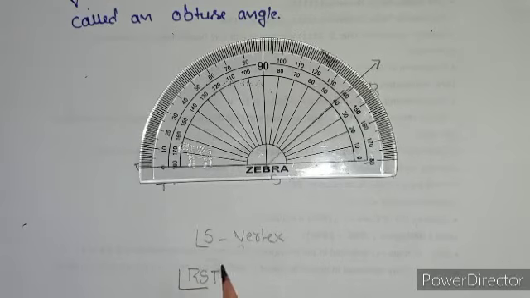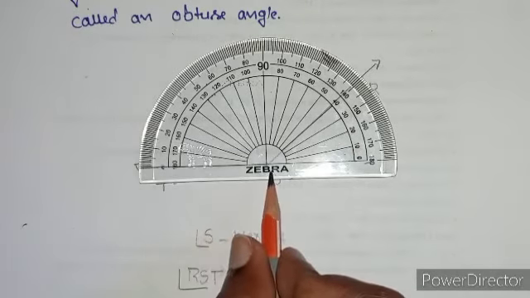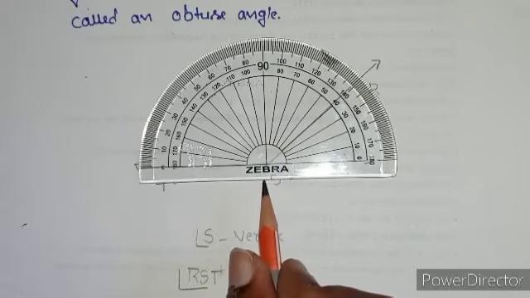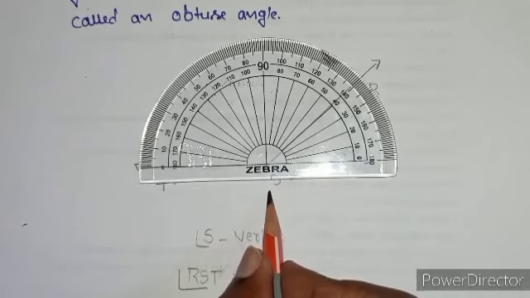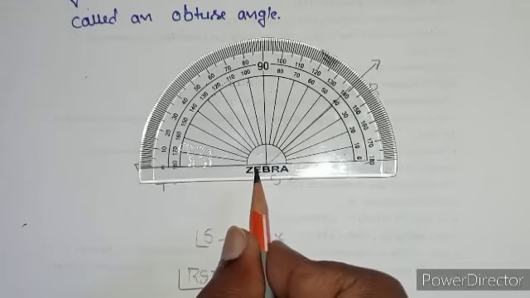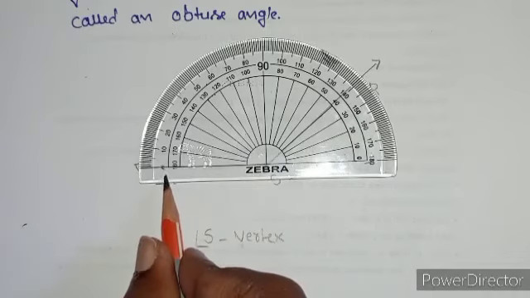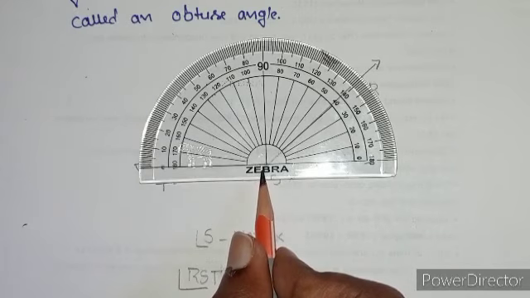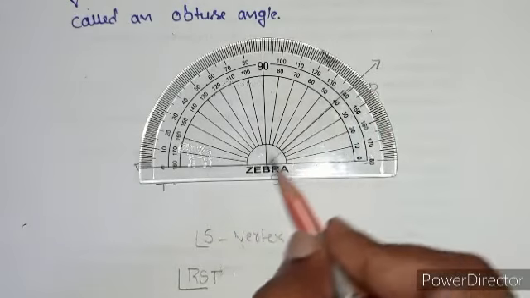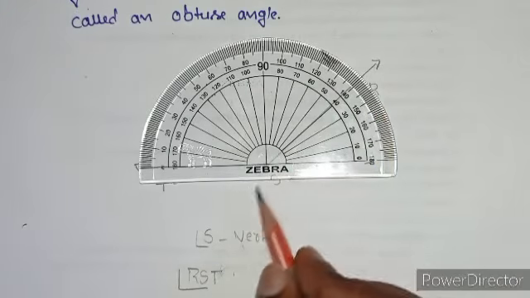Next adjust the protractor in such a way that the base line coincides with RS and T. Next we need to check the scale where the base line arm points to 0 degree. This is the base line, and it points here to 0 degree. Next we need to read the measure of the angle where the other arm, SR, crosses the scale.